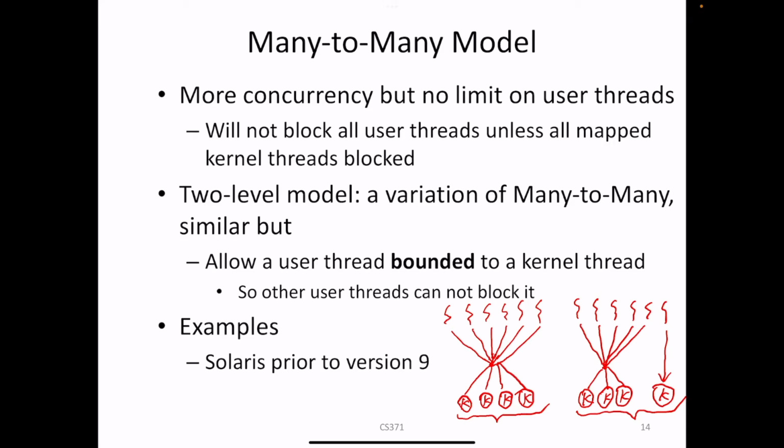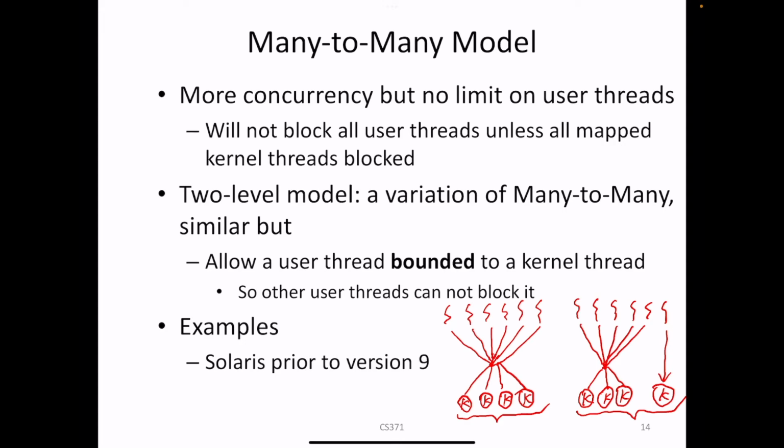For example, we can have 1,000 user threads and map them to these 4 kernel threads without any problem. Therefore, the many-to-many mapping model can support more concurrency or even parallelism without limiting the number of user threads.